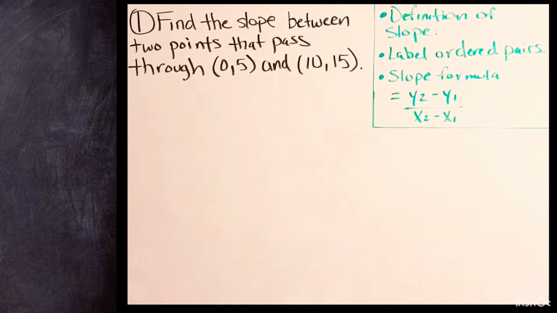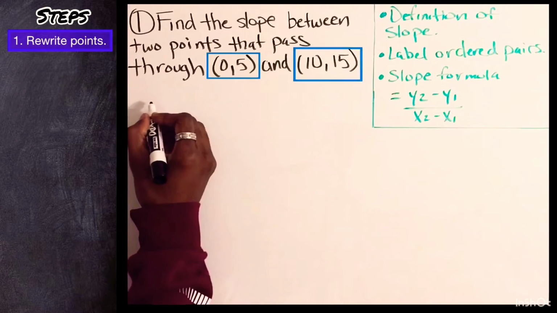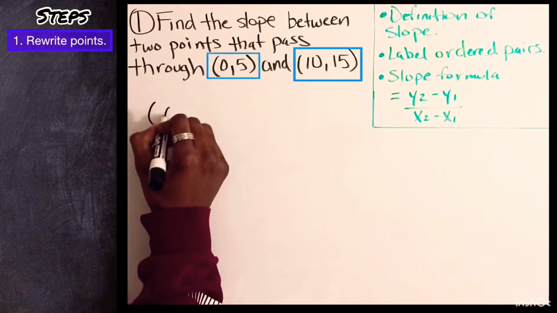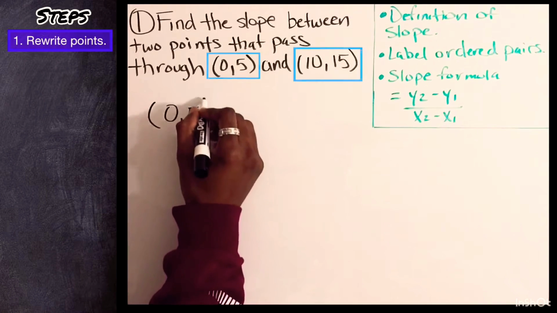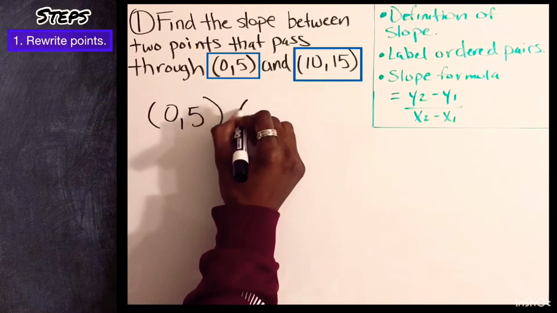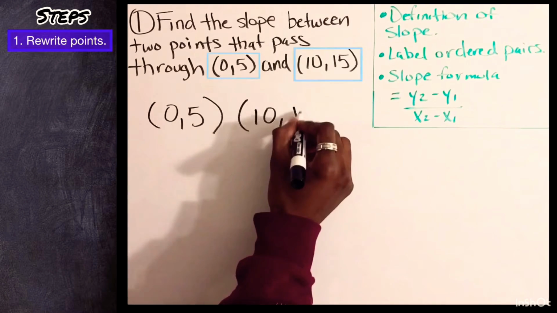So our first step is going to be to rewrite our points, or some say rewrite the ordered pairs or the coordinates. I'll use a lot of different words so you understand what your teachers may say. So let's rewrite these coordinates: 0, 5 and 10, 15.